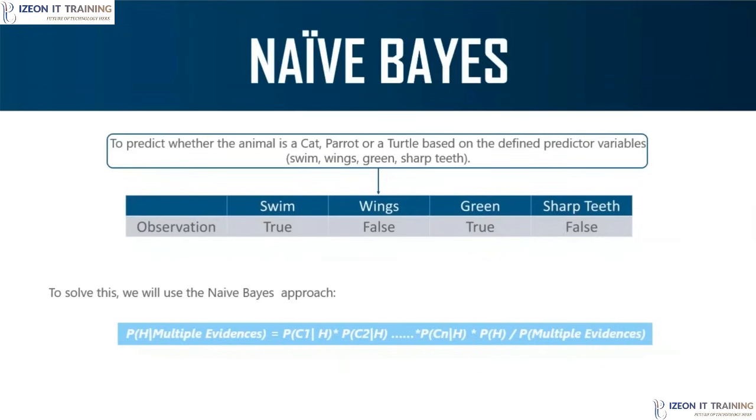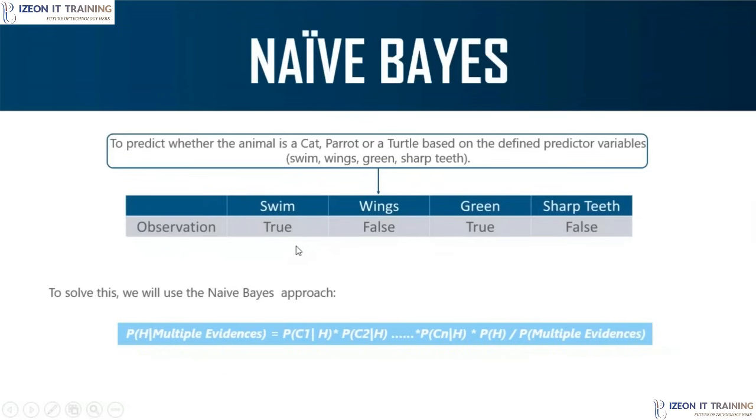So the goal here is to predict whether it is a cat, parrot, or a turtle based on all these defined parameters. Based on the value of swim, wings, green, and sharp teeth, we'll understand whether the animal is a cat, or a parrot, or a turtle. If you look at the observation, the variables swim and green have a value of true, right?